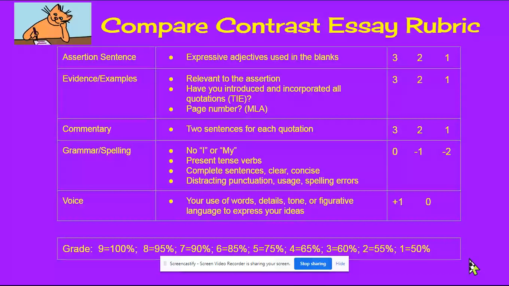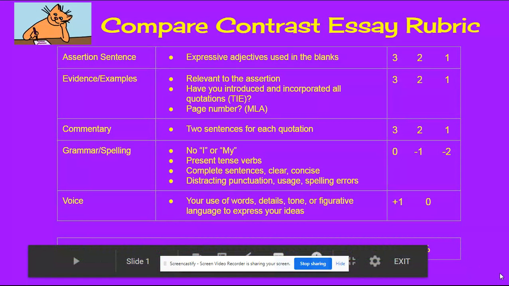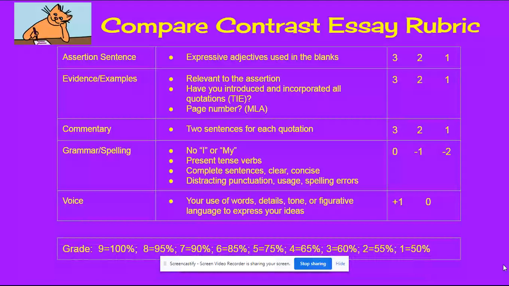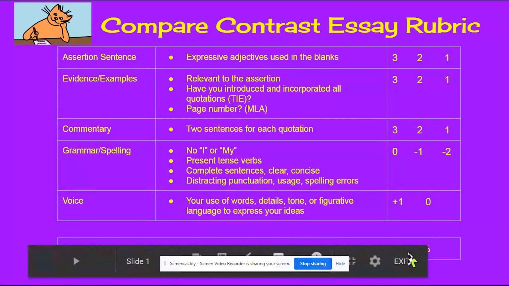So it's a nice grade. You can look and see what you think you're going to make based on this rubric. Okay? This is going to be a test grade. A test grade. Okay? This lesson is going to be saved so that you can go back and look at it if you need to.